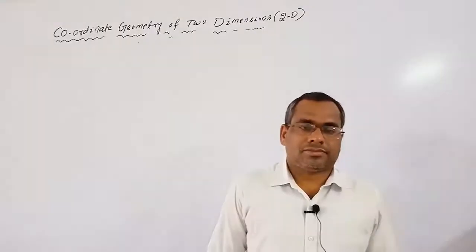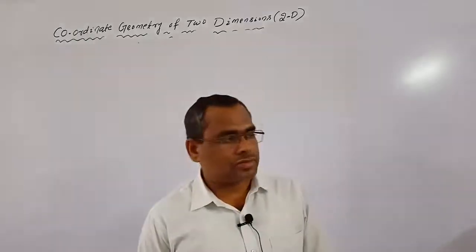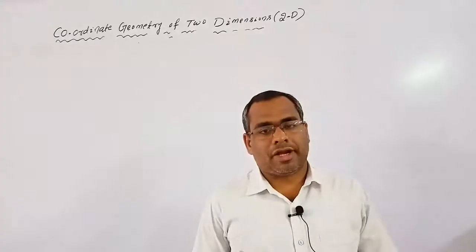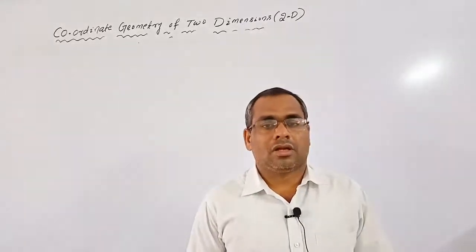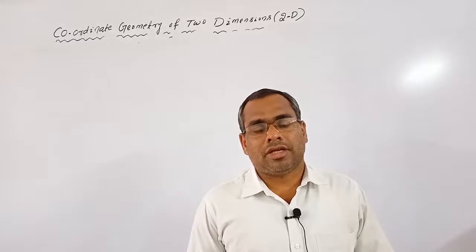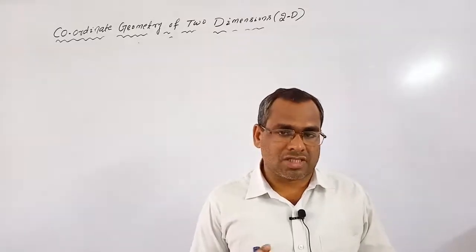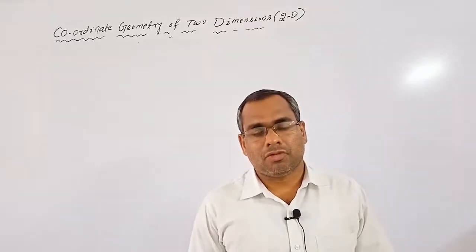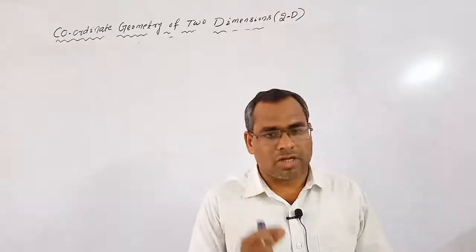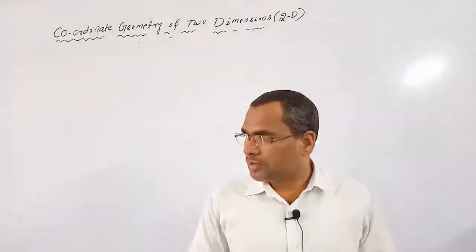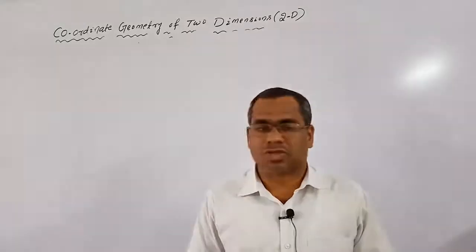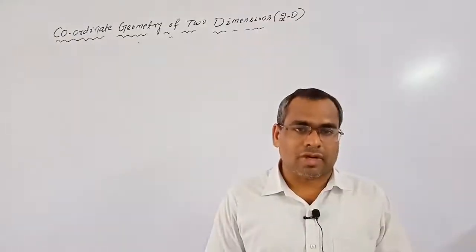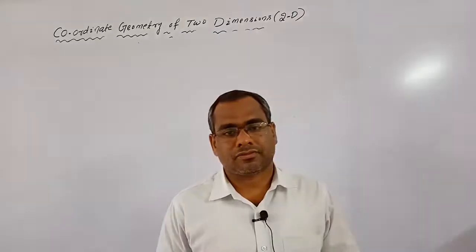Last class we discussed how to find the distance between 2 points and the area of a triangle whose vertices are given. The distance between 2 points (x1, y1) and (x2, y2) is the root of (x2 minus x1) the square plus (y2 minus y1) the square.